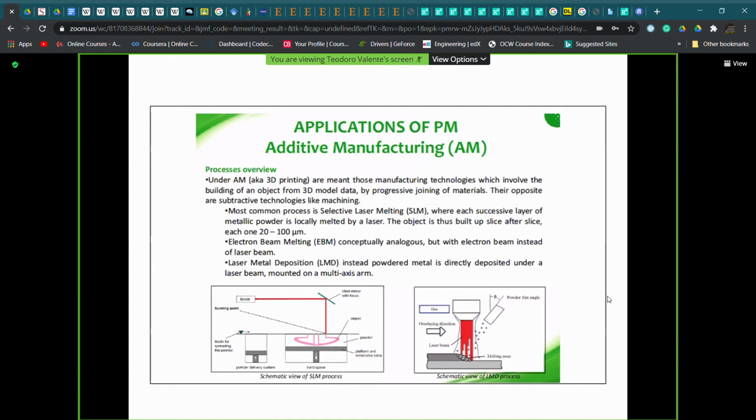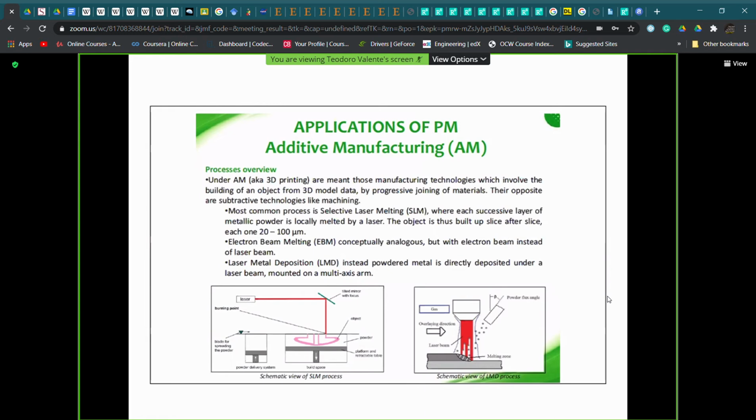If we do not use a laser to melt the powders and then let them solidify layer by layer, but we use an electron beam, the EBM, electron beam melting technique, is defined. It is conceptually more or less analogous to the SLM technique, but we replace the laser beam with an electron beam.